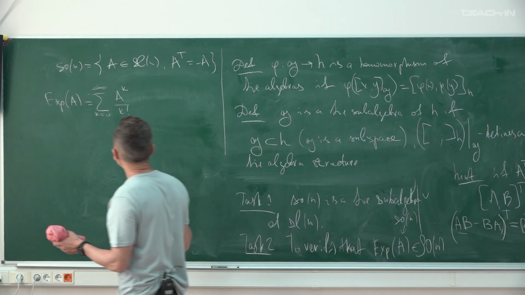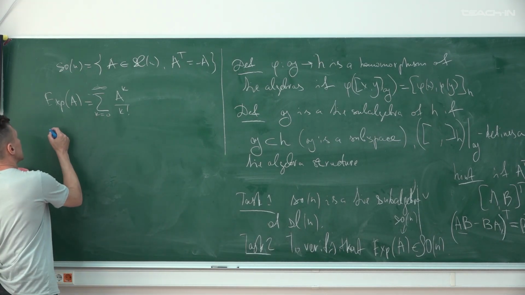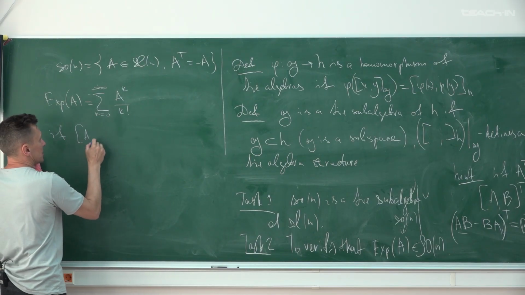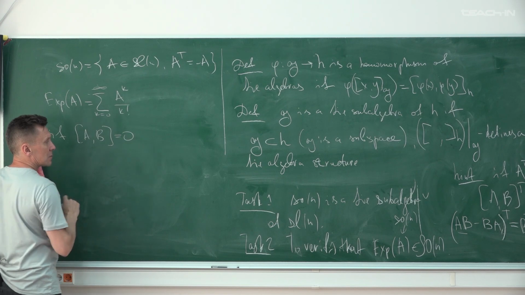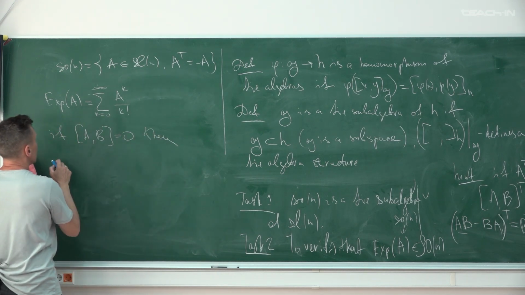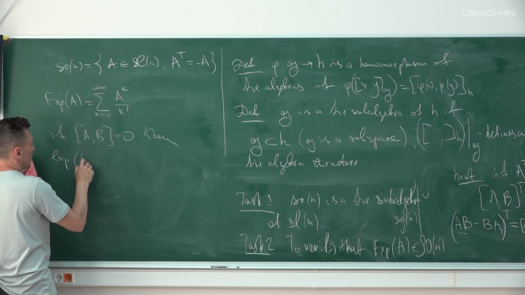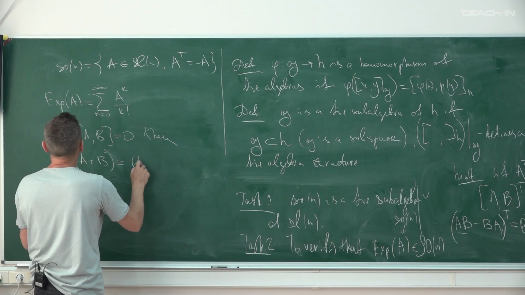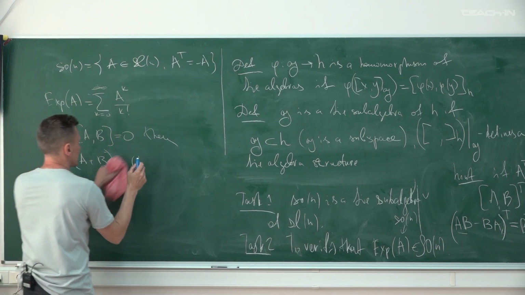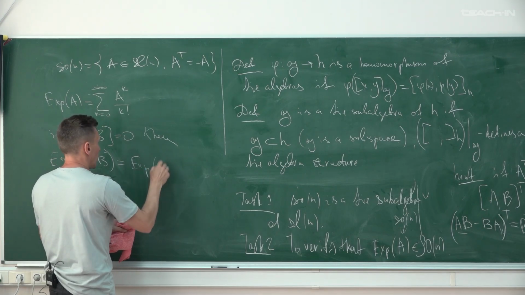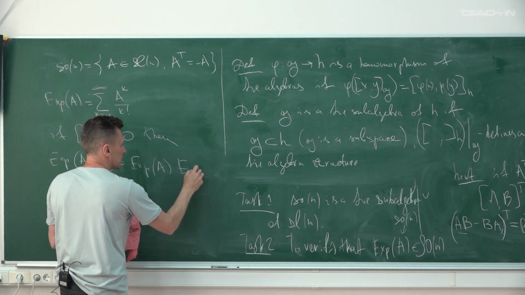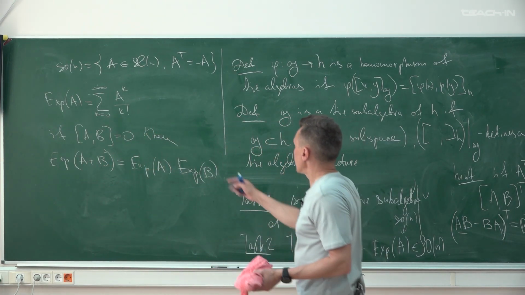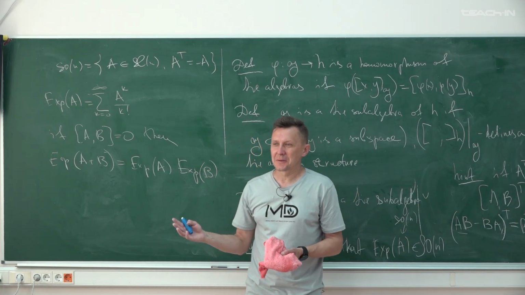But we need to use some fact that if A and B commute, then the exponential of A plus B is equal to the exponential of A multiplied by the exponential of B. First of all, do you know this fact?